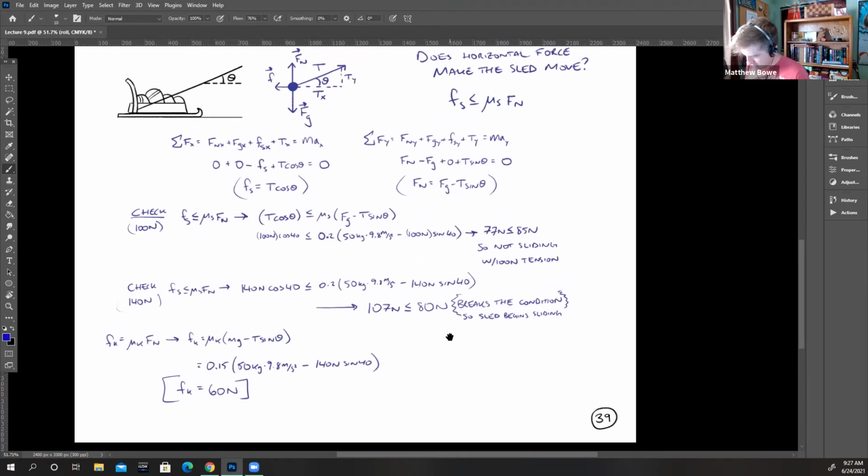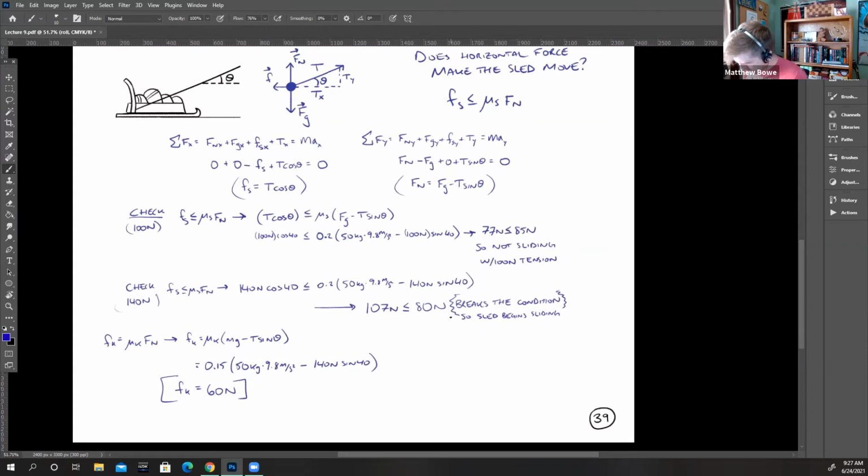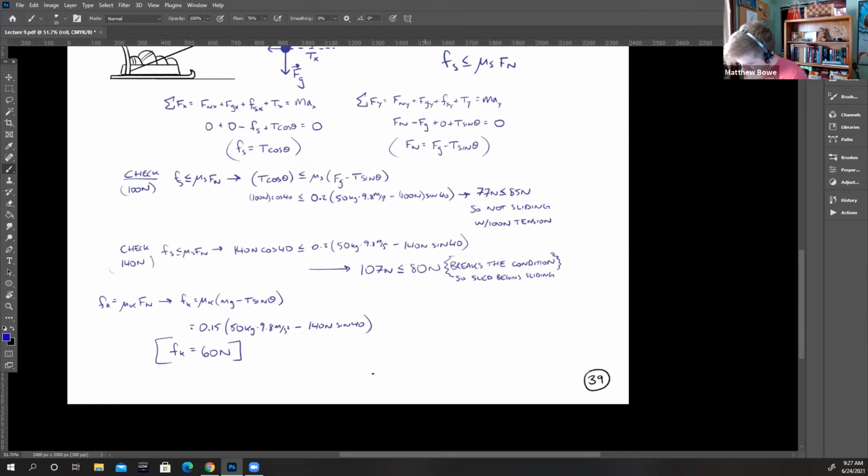So let's look just at the x components. So I'm going to go like this to make a little separation zone for this x component. When the sled starts sliding, we have a minus kinetic friction force.